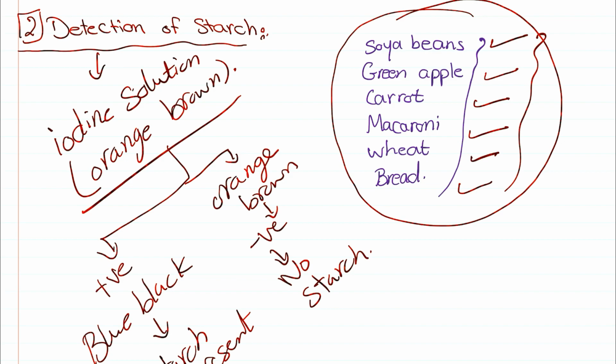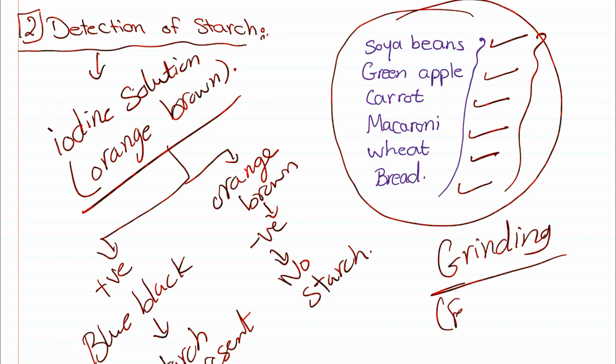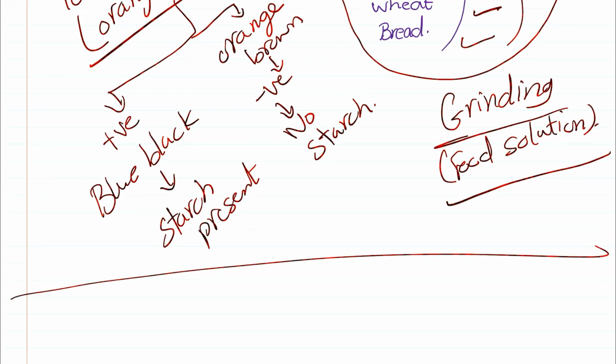So it's so hard to get a piece of the soybean or macaroni and just add a few drops of iodine. To be clear and easy to handle, you should grind them. Grind them, and sometimes you can dissolve them in water to form a food solution, to be easily treated with your reagent. These are some tricky points which are needed for the practical work. Thanks for watching.